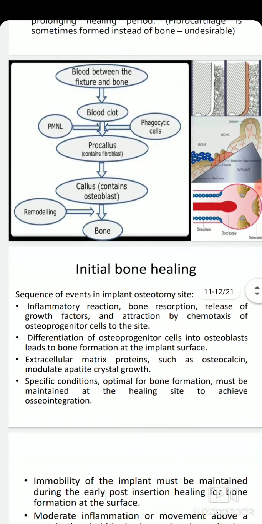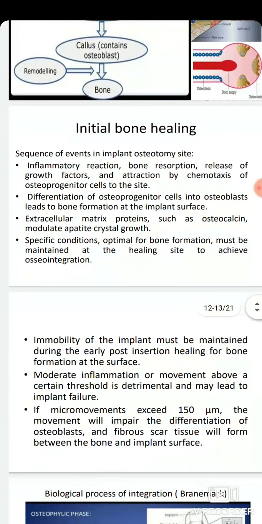Initial bone healing has a sequence of events in the implant osteotomy site: the inflammatory reaction, bone resorption, the release of growth factors, chemotaxis of osteoprogenitor cells to the site, and differentiation of these osteoprogenitor cells into osteoblasts, leading to bone formation at the implant surface.